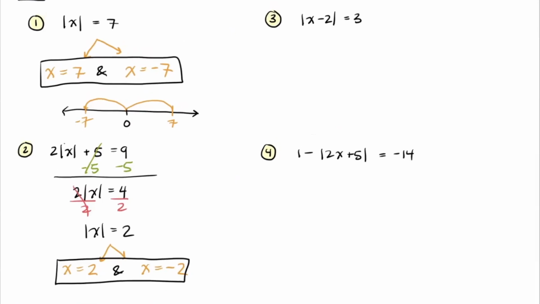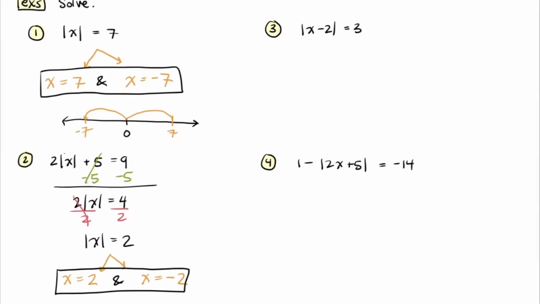All right, let's try two more here. Number 3, we've got the absolute value of x minus 2 equals 3. And now this one's different because inside of the absolute value, we have more than just x. But we'll still follow the same steps. So the absolute value is already solved for, so we don't have to do that. We'll just go straight into splitting the equation into 2.